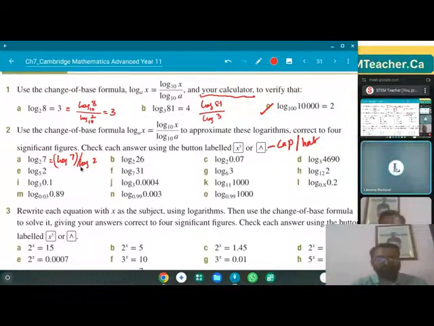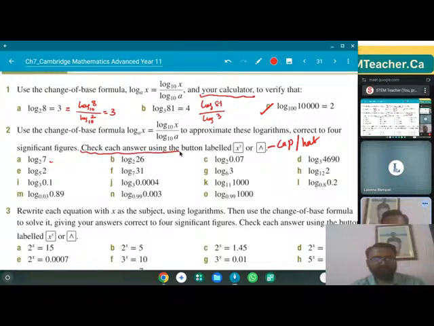What is it asking? Check your answer using a button labeled x power y. How can we write it? It is x power y. I don't think so. What is the use of this question? We can calculate log x base a using the calculator, no problem.